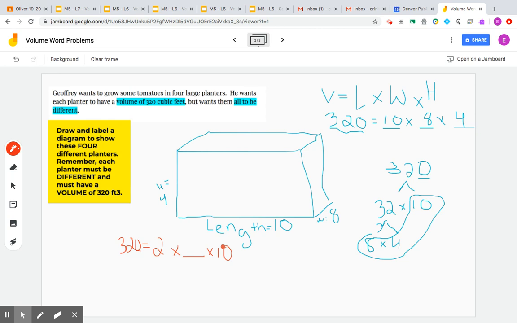I want you guys to play around and try to come up with at least one more diagram to demonstrate how you can find volume that is 320 cubic feet and that is different from the one that we just did together.